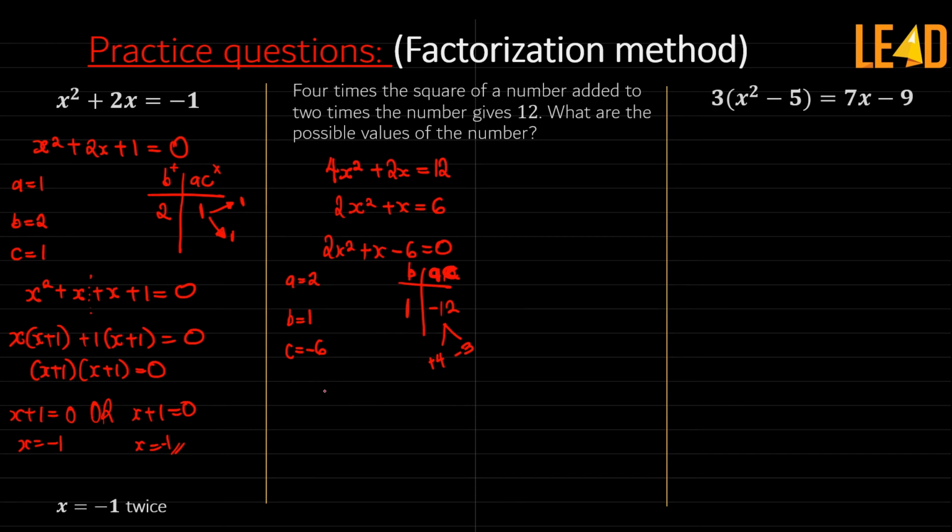Okay, so moving on, we'll use this to replace x. We'd have 2x squared plus 4x minus 3x minus 6 is equal to 0. We are trying to break this into 2, so I can factor out 2x from here.